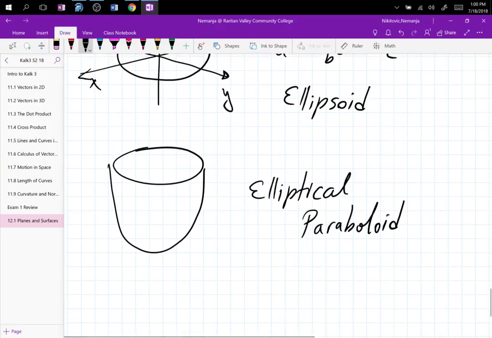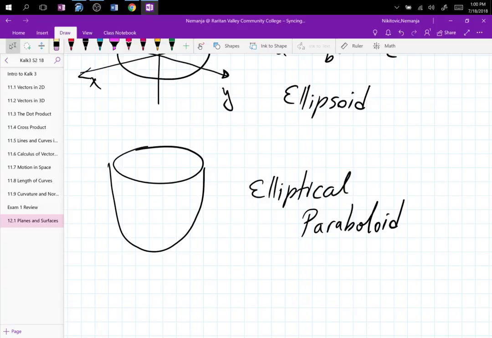Now when you look at the equation for the elliptical paraboloid, you get that z equals x squared over a squared plus y squared over b squared. If z is a number, you are getting your ellipses or circles. If you kill either x or y, you get parabolas. So they're both included in the name, so we're all happy.